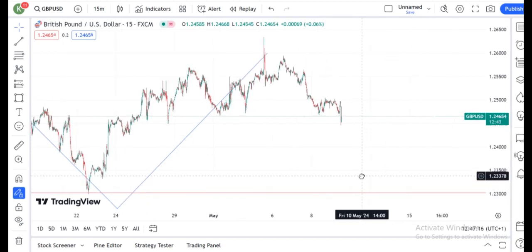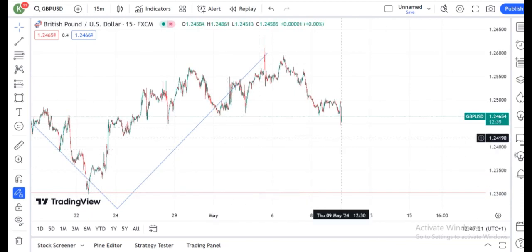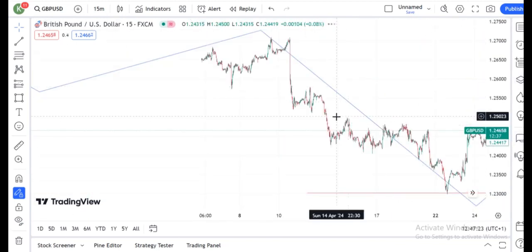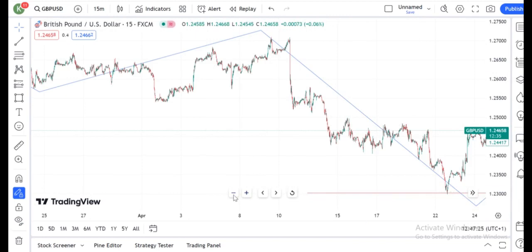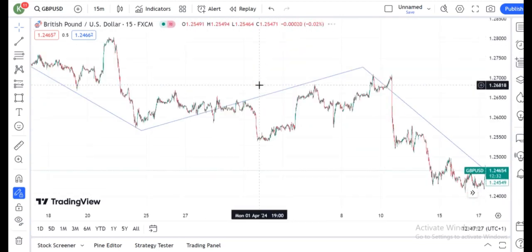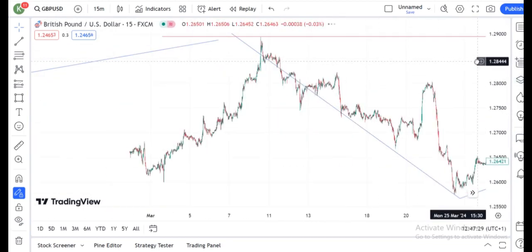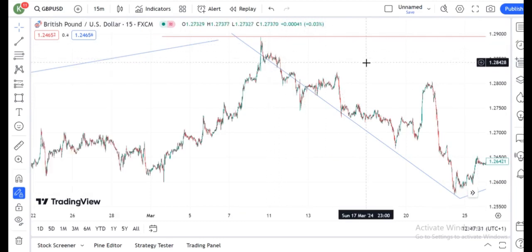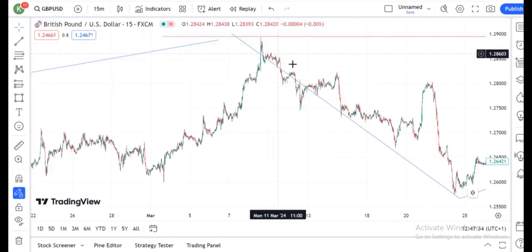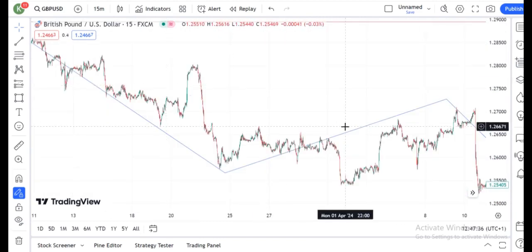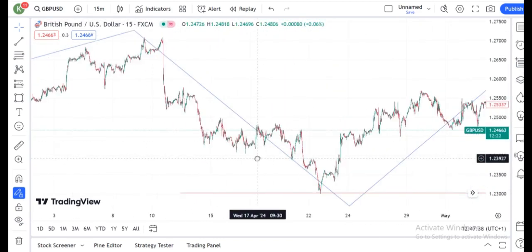Until price fully comes to grab this liquidity, it may never get to the higher side. I'm trying to show you this point, but this is actually where price is coming from. It came, made all the moves, and got to this point.